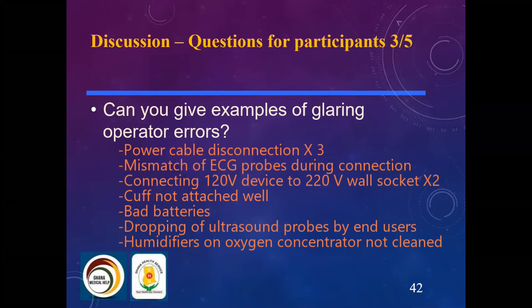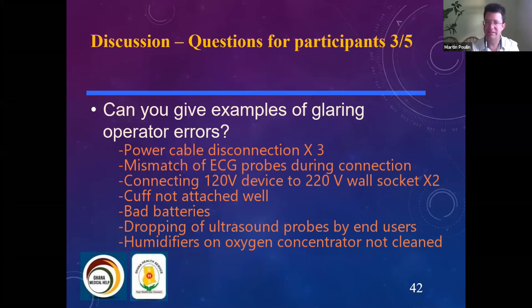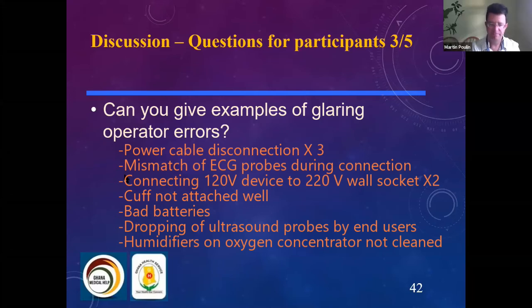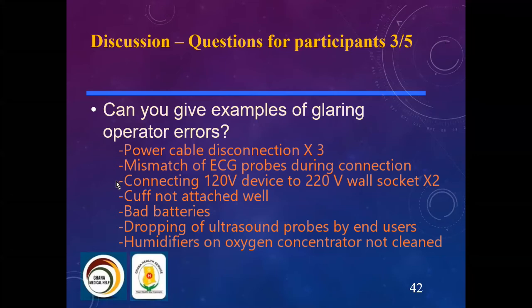Connecting a 120-volt device to 220-volt wall socket. That's a common problem with donated devices, which are donated with the wrong voltage. Cuff not fixed well. Cuff not attached to the patient well. Failure to connect the power cable correctly and switch it. Bad batteries. The device will usually tell you when its batteries are not working.